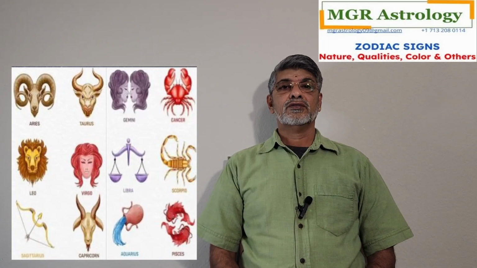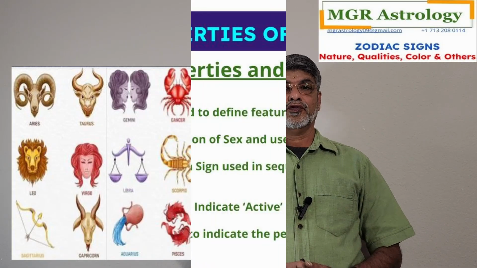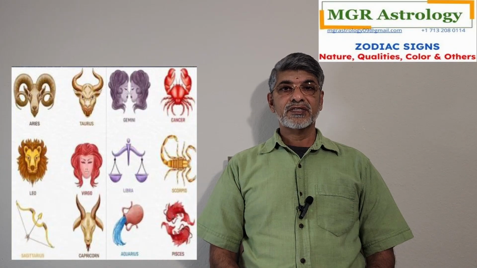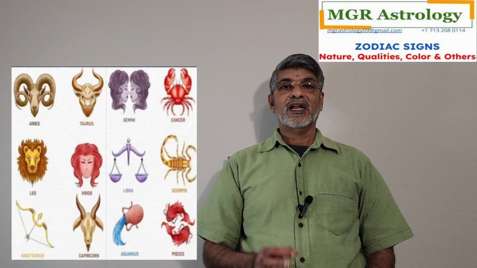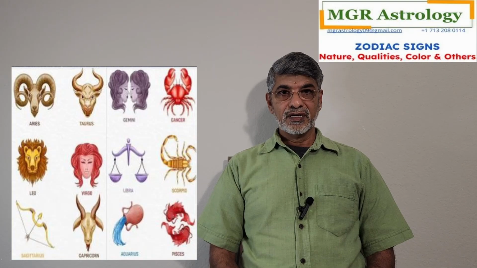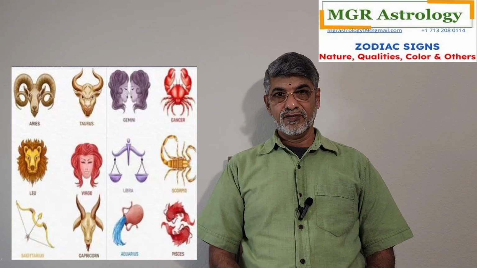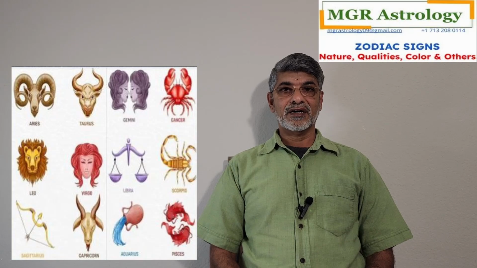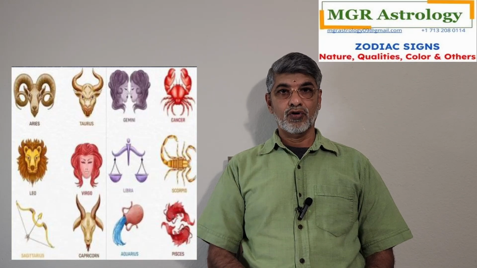Before moving on to explain the fourth property, that is Rasi rising, we have to understand one important fact, that the rasis are identified with a living being or non-living being. For example, Aries sign or Mesha is identified with the goat.